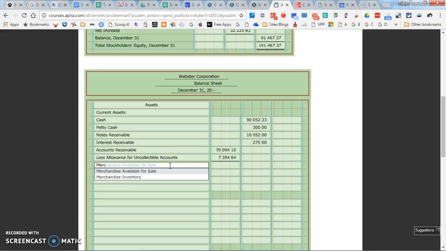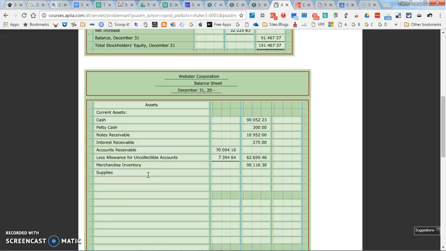Next line is merchandise inventory. Sorry, before that we need to subtract these two. And so we have $62,699.46. Okay, now merchandise inventory, middle column, $90,116.30.